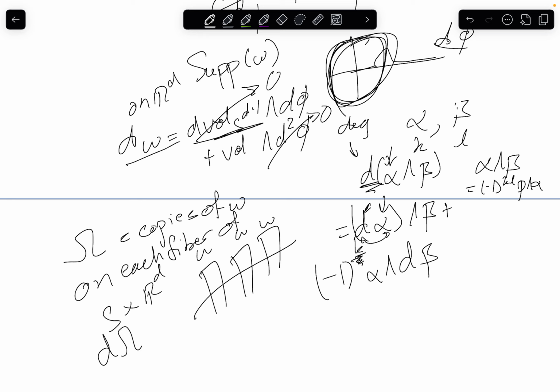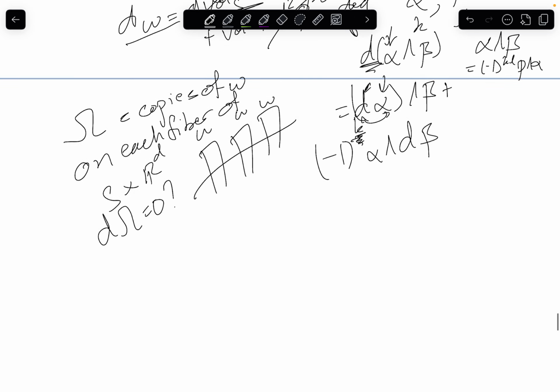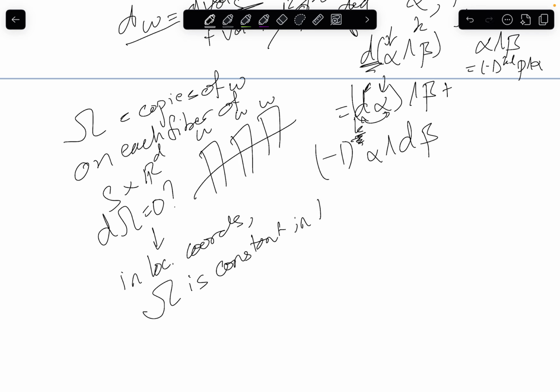Is d omega equal to 0? Because we wanted that so that it'd be closed. And you can show that this is true for a simple reason, which is that in local coordinates, omega is constant in the S directions.